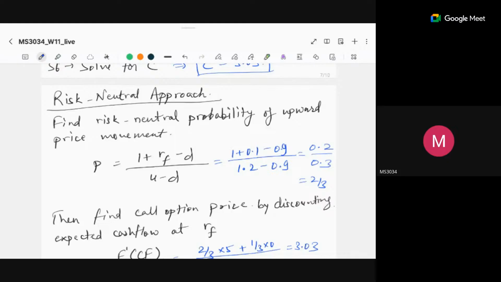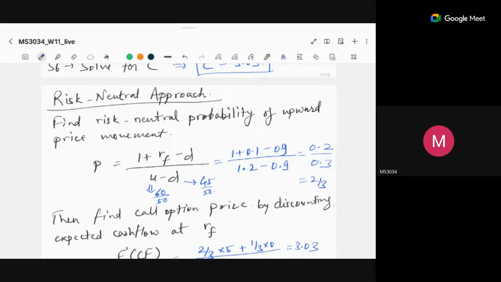In class we derived the formula for risk neutral probability, which is equal to 1 plus risk free rate minus the downward movement, divided by up minus down. Up and down are the ratios of price movement. In this case up is 60 by 50, and down is 45 by 50.